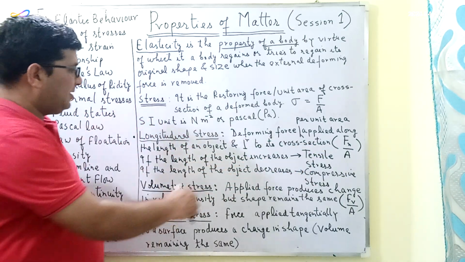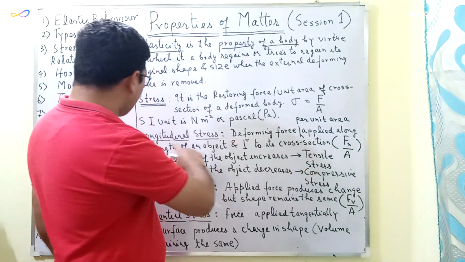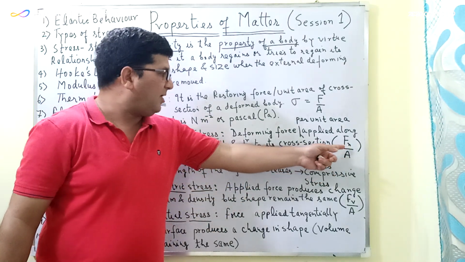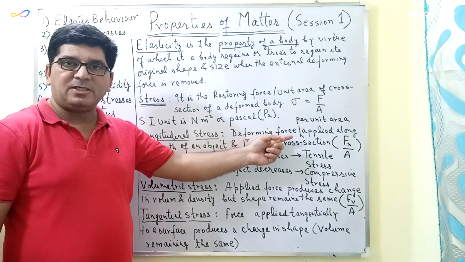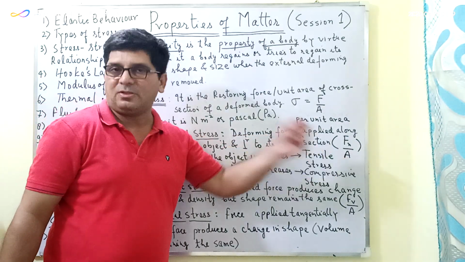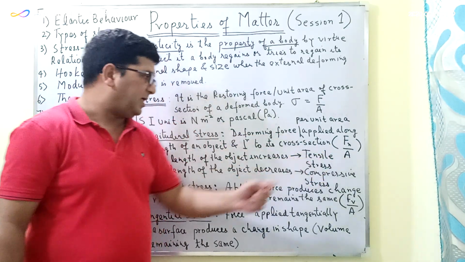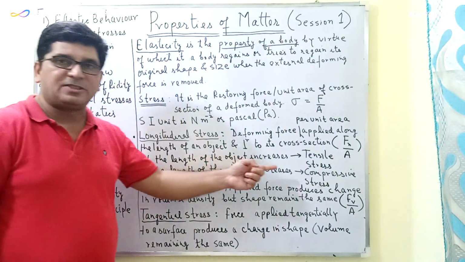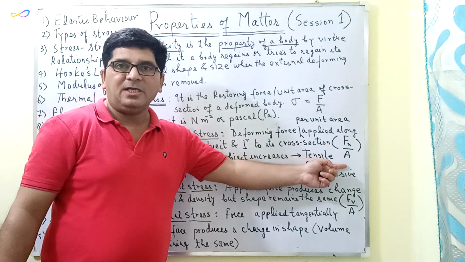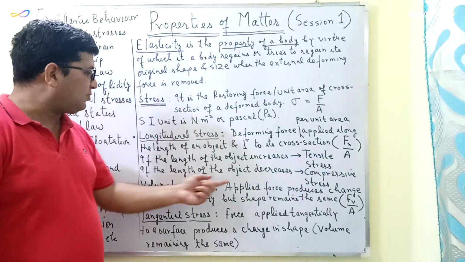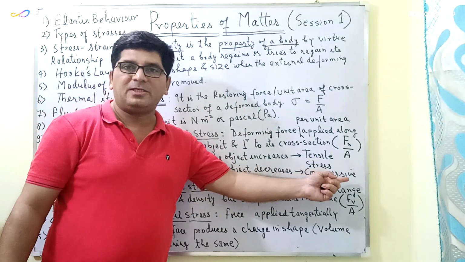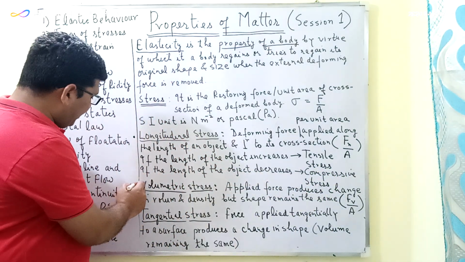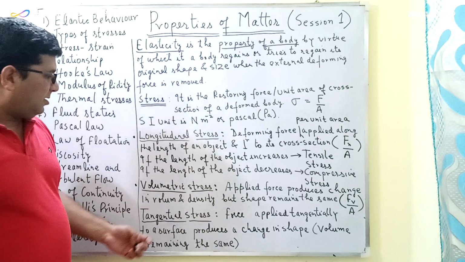The formula for longitudinal stress is Fn upon A, where Fn is the magnitude of the deforming force and A is the cross sectional area of the body. The most important thing is that if the length of the object is increasing, we call it a tensile stress, and if the length of the object is decreasing, we call it a compressive stress.